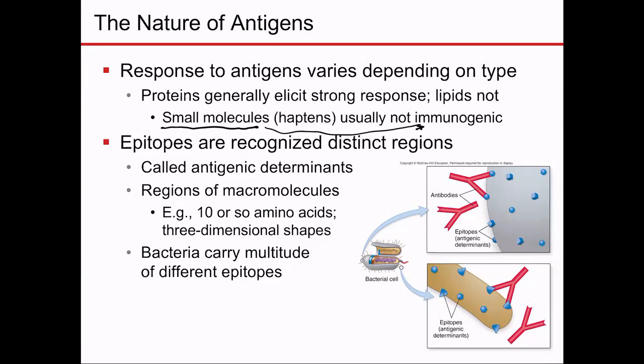We call those molecules that are too small to produce an immune response haptens. But if we're talking about a larger molecule, like a protein, for example, they generally elicit a strong immune response. Lipids usually are not very immunogenic. Keep that in mind.